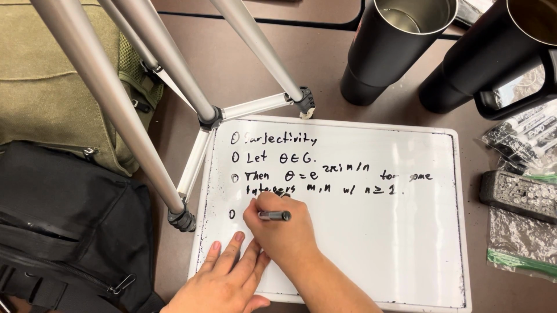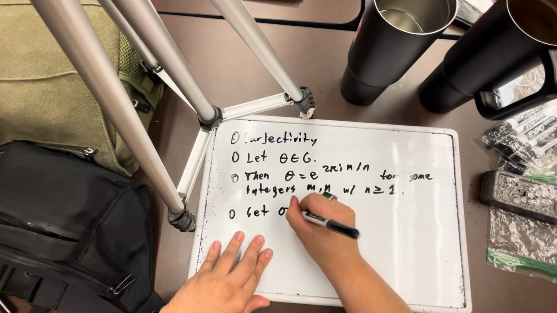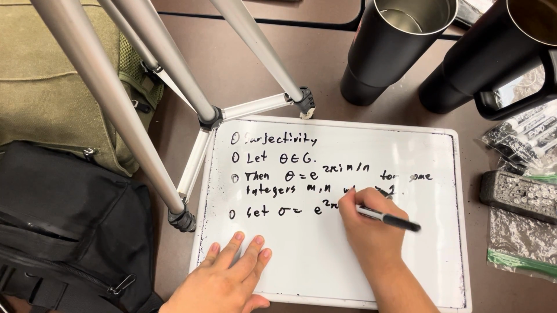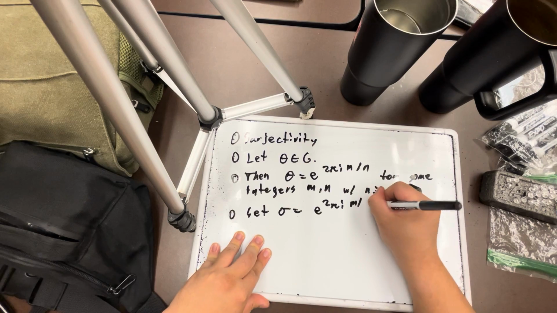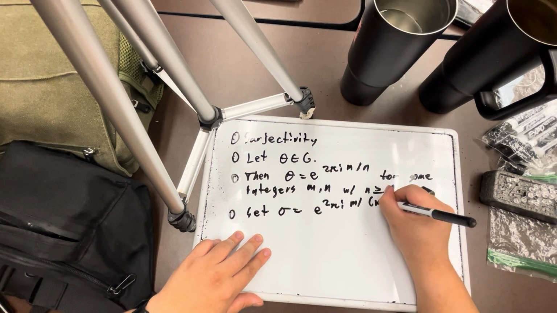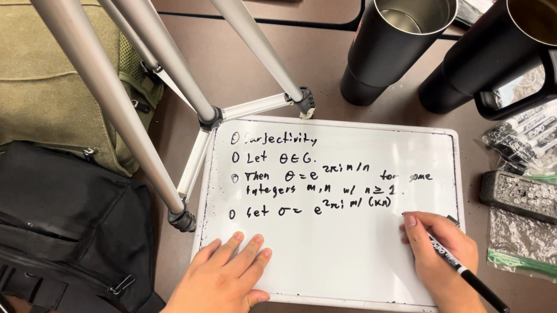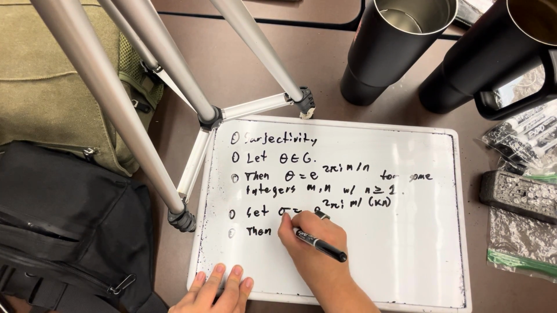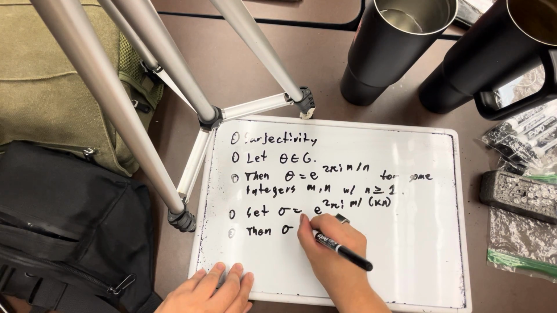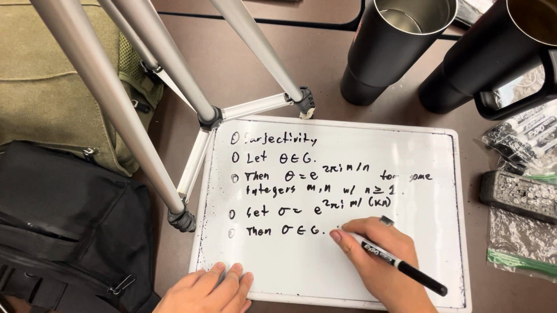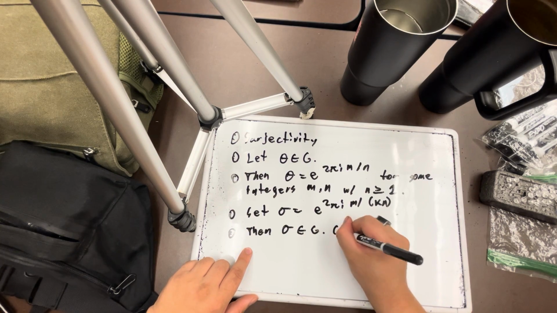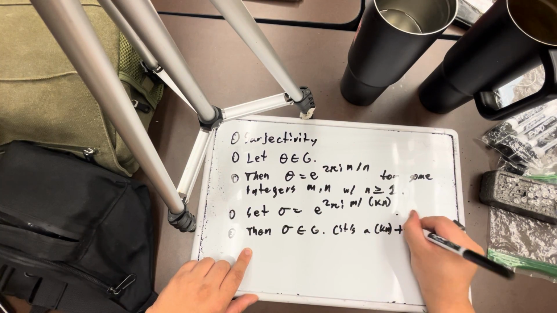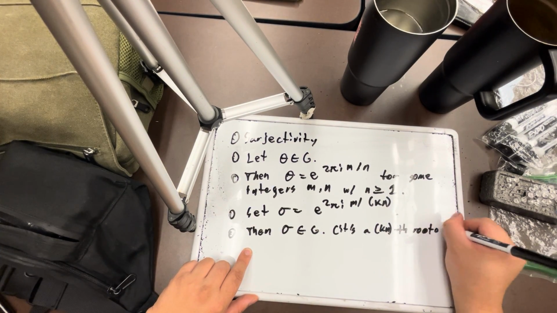Let's set sigma equal to e to the 2 pi I m divided by k times n. Then sigma is an element of G. It's a k-nth root of unity.